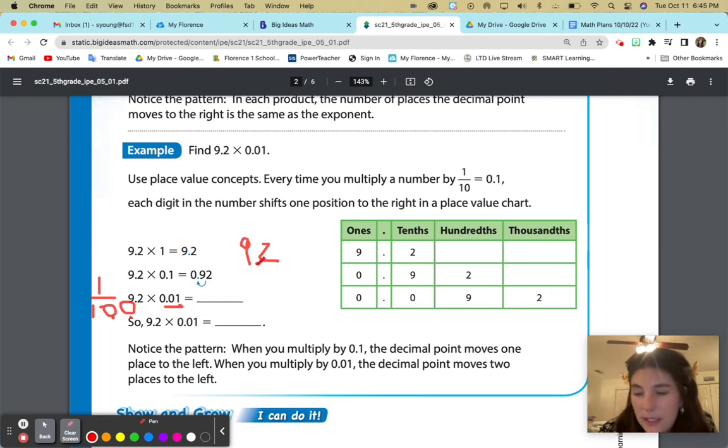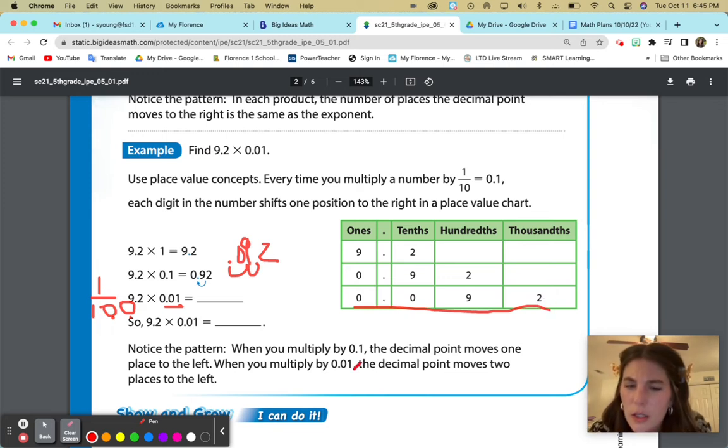Well, guess what, friends? If you unpaused yourself and you're back, notice when I move it 1, 2 times, there's a blank. What do I do? Well, you're right. I have to put that placeholder 0. Now, I'm sorry it looks a little sloppy, but we can see a great example right here. Okay, so I just became 92 thousandths. So notice this pattern, like they said right here.